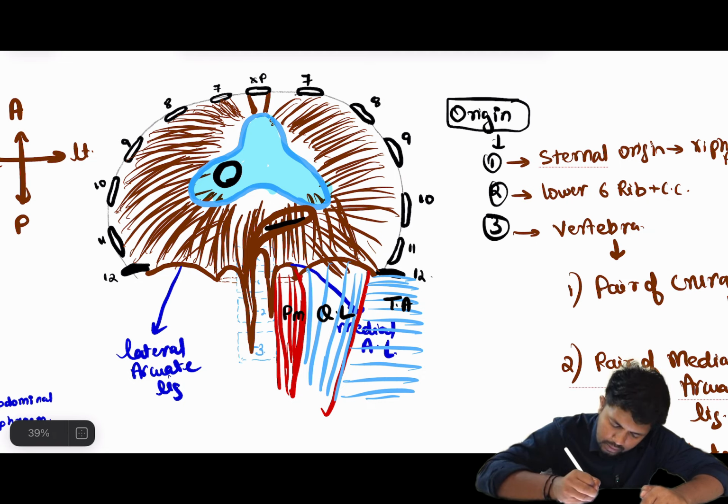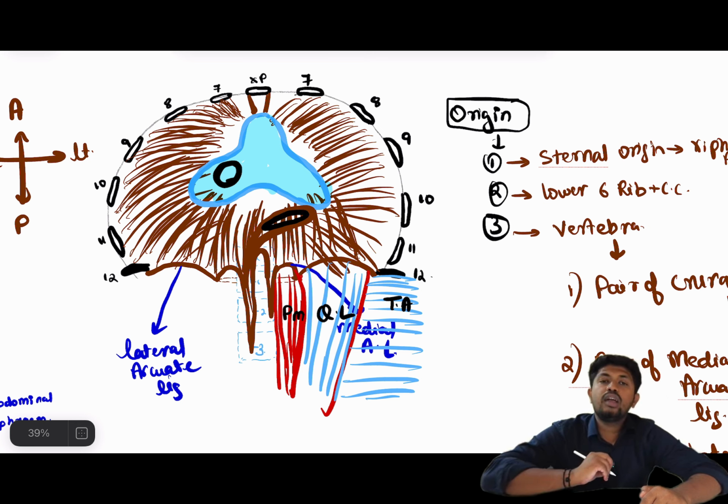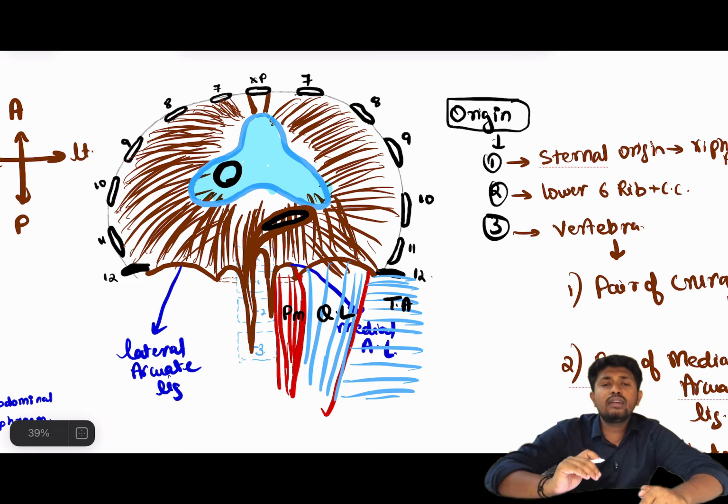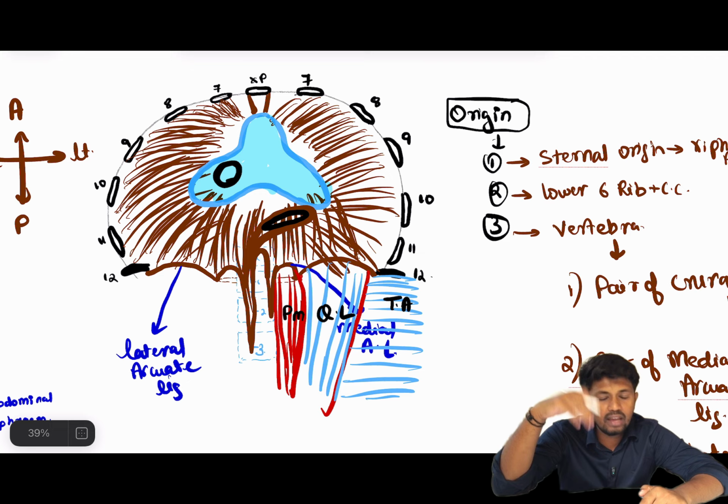Okay, so this opening is called the esophageal opening, which is formed due to the splitting of the right crus of the diaphragm. And the last opening, you can't say it is an opening in the diaphragm. Actually, it is present behind the diaphragm, between the lumbar vertebra and the median arcuate ligament.